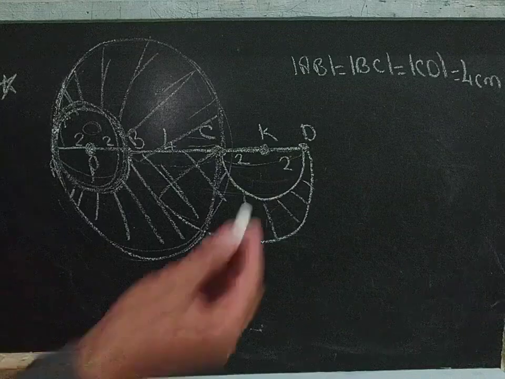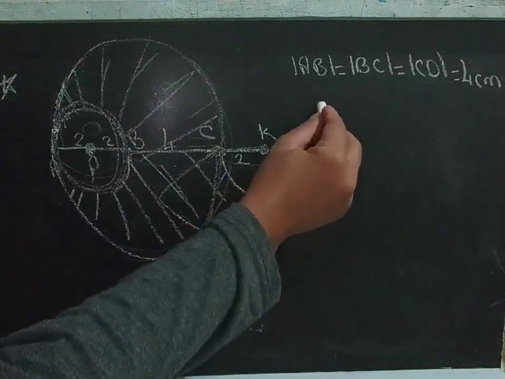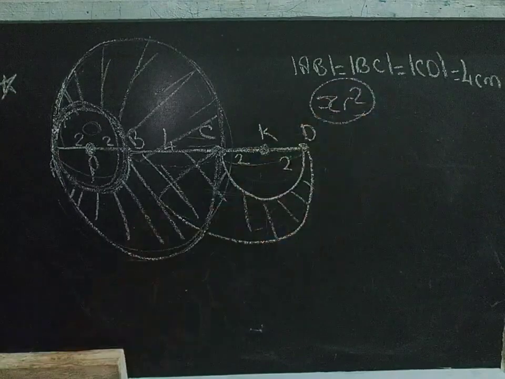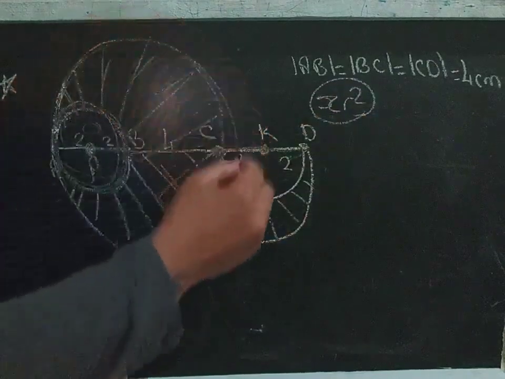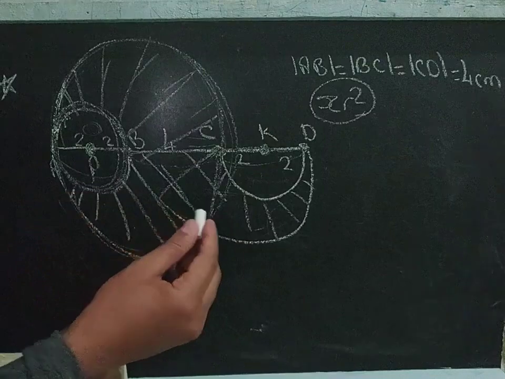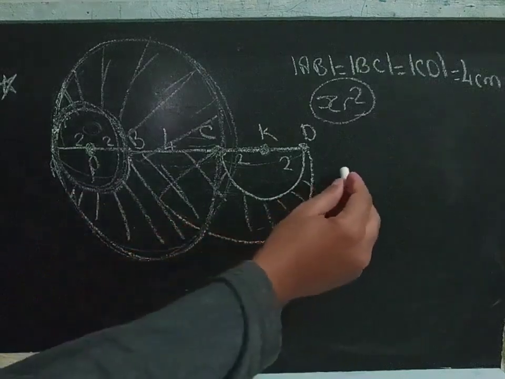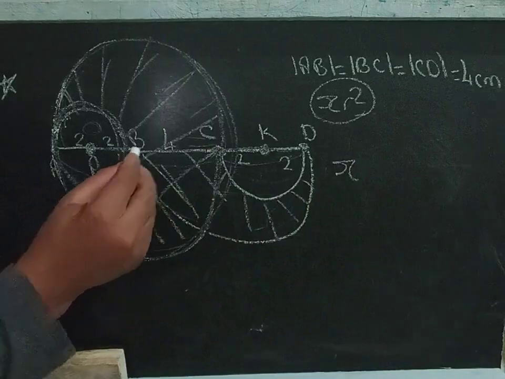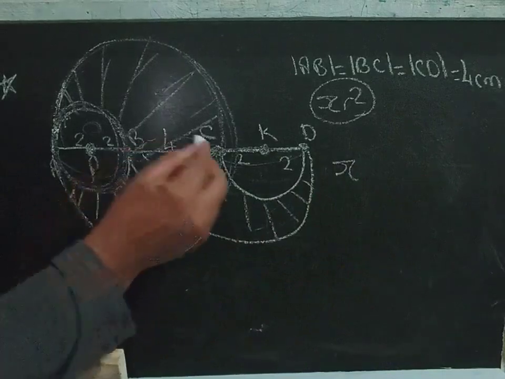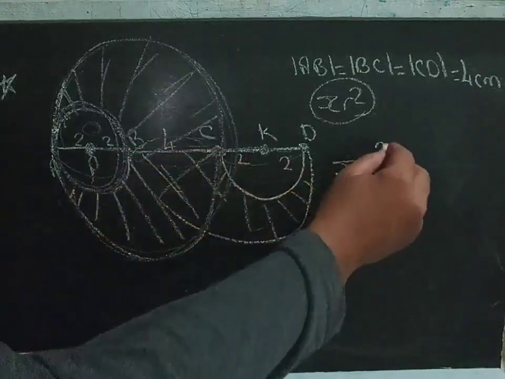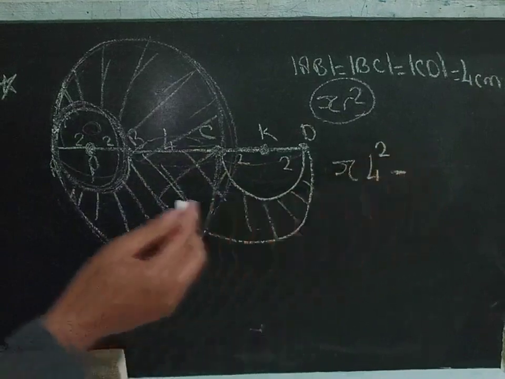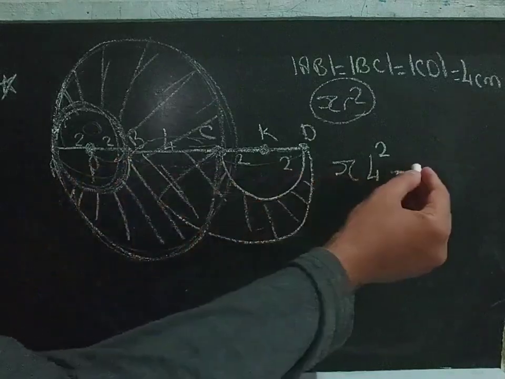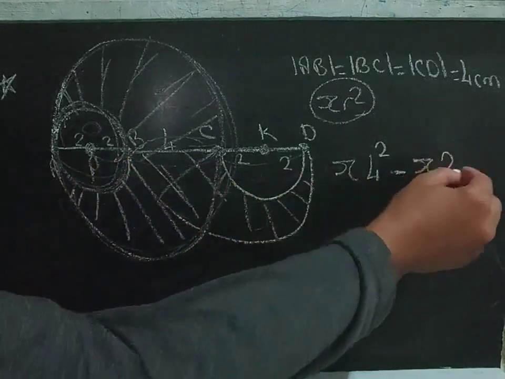Let's do it. And remember, the area formula is pi r square. So for the big one, pi r square with r equal to 4, so pi times 4 square, minus the small one, pi r square, which is pi times 2 square.